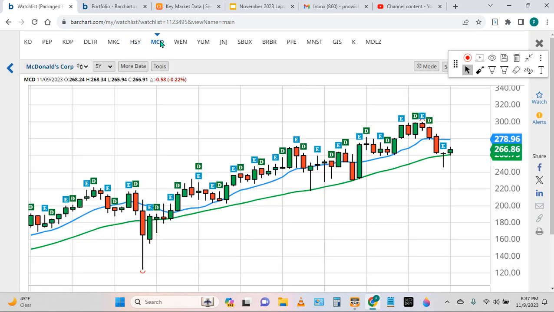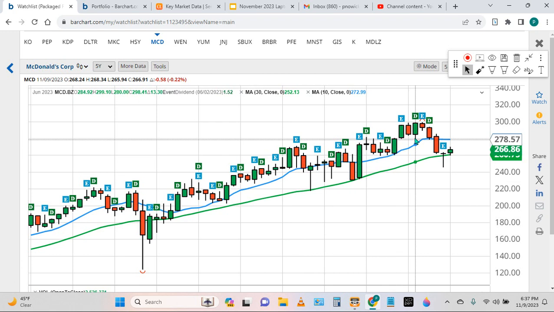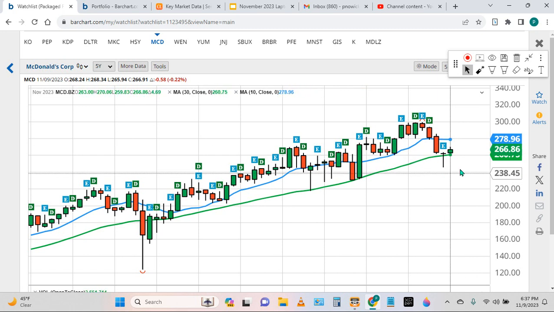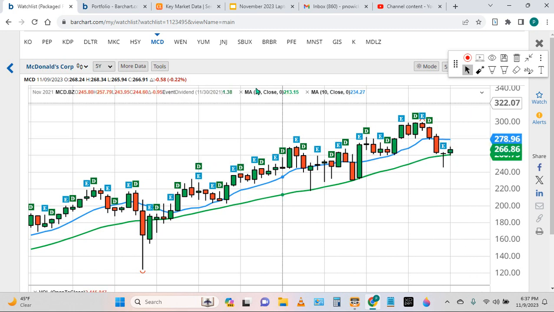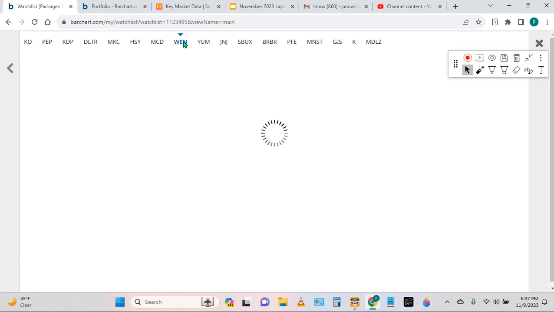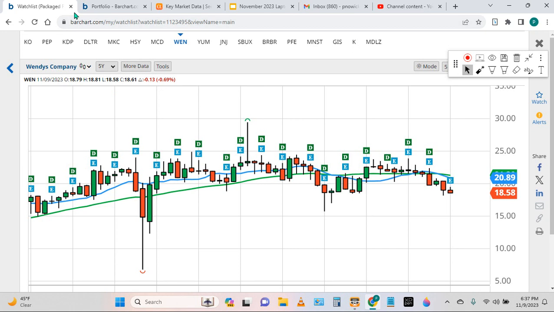McDonald's is another market player. It had a nice uptrend over this 5-year period and has sold off for the last 4 or 5 months. This looks like it may turn up again based on that bottoming tail and the green bar. We'll see. But that's definitely showing relative strength compared to something like Wendy's, which hasn't participated in the rally whatsoever.